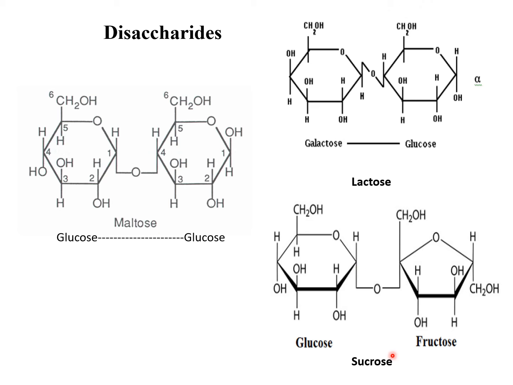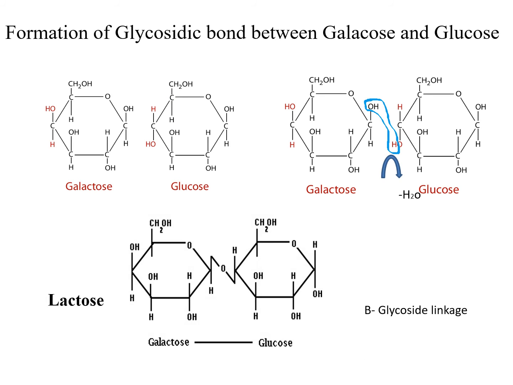Sucrose is a combination of glucose and fructose, again by a glycosidic bond. Let's see how this glycosidic bond is formed. Normally it is a condensation reaction where two molecules are combined together by releasing a water molecule. First we'll see what happens in the case of lactose.